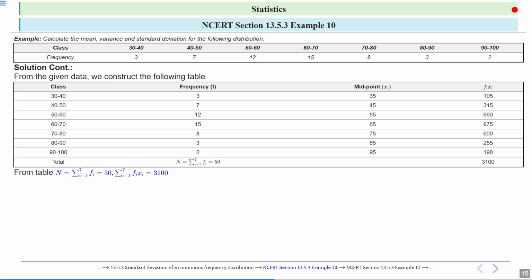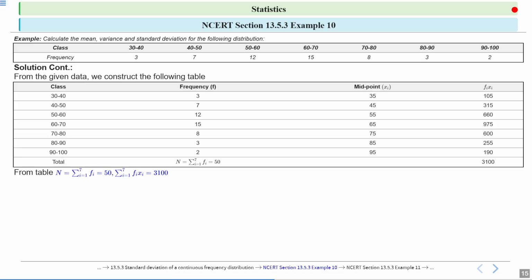From the table, we see that the total frequency n is 50 and sum of all frequency times midpoint values is 3100. So these are written as n equal to sum from i equal to 1 to 7 of fi equal to 50 and sum from i equal to 1 to 7 of fi times xi is 3100.